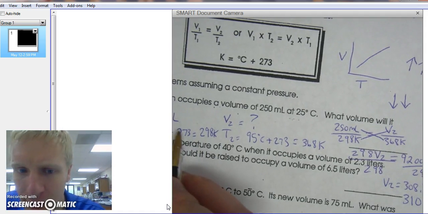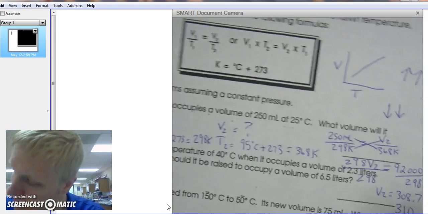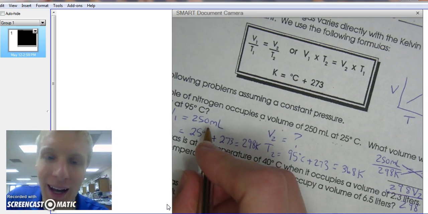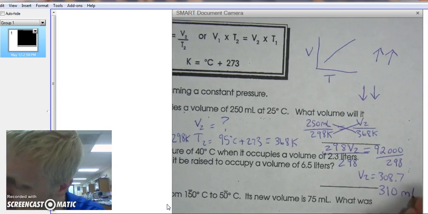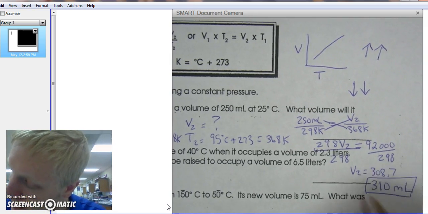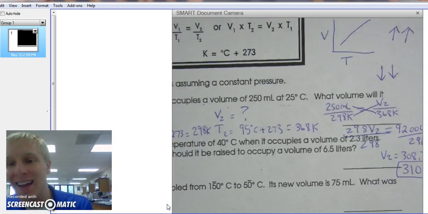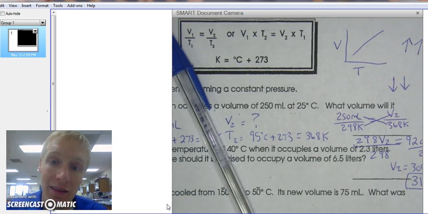What did I have for units right here from my volume 1? I had milliliters. That was my unit. So 310 milliliters is my final answer, and that's how you use Charles's law to find the unknown volume.